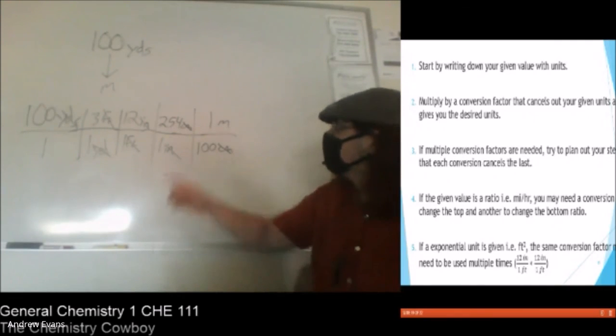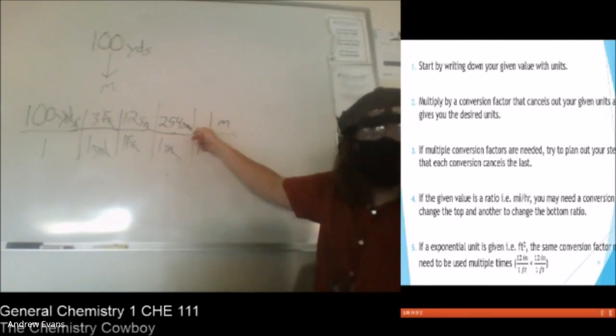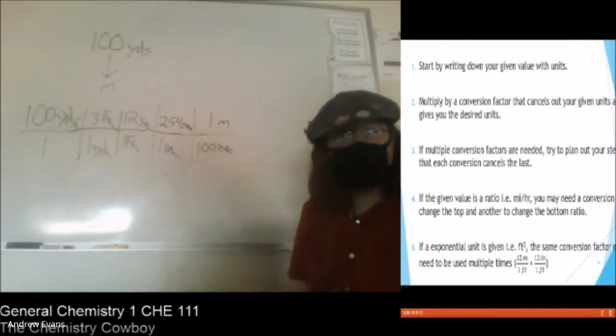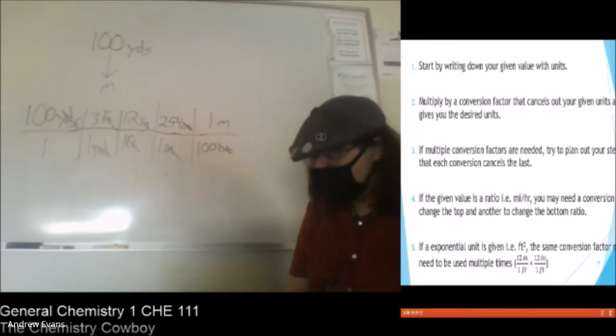You can include the times 1 if you want. You don't have to, because any number times 1 is itself. Now, that answer is 9,144.